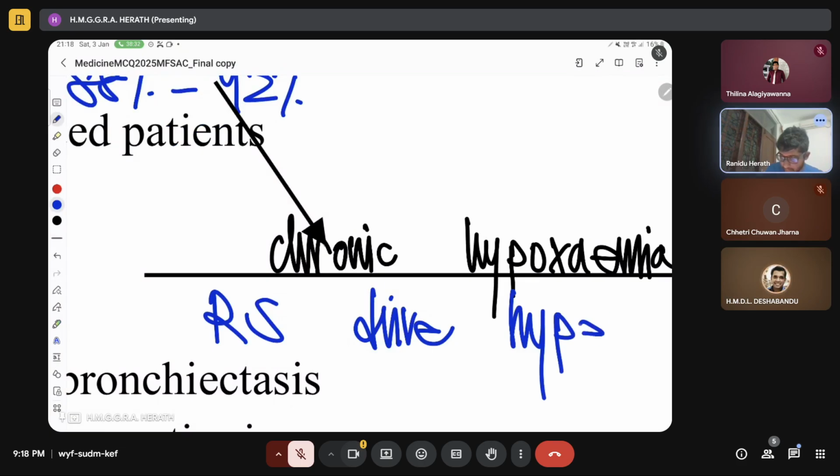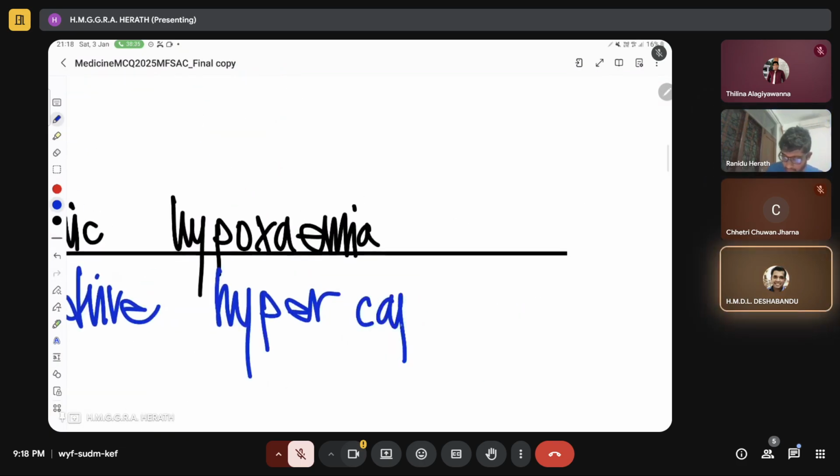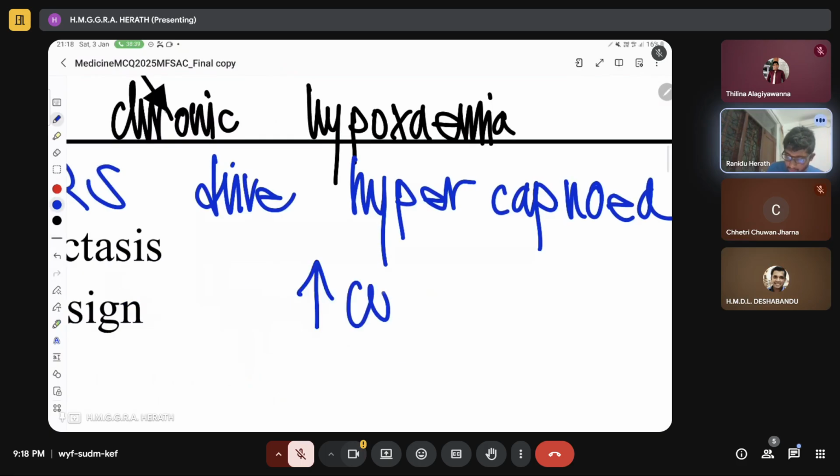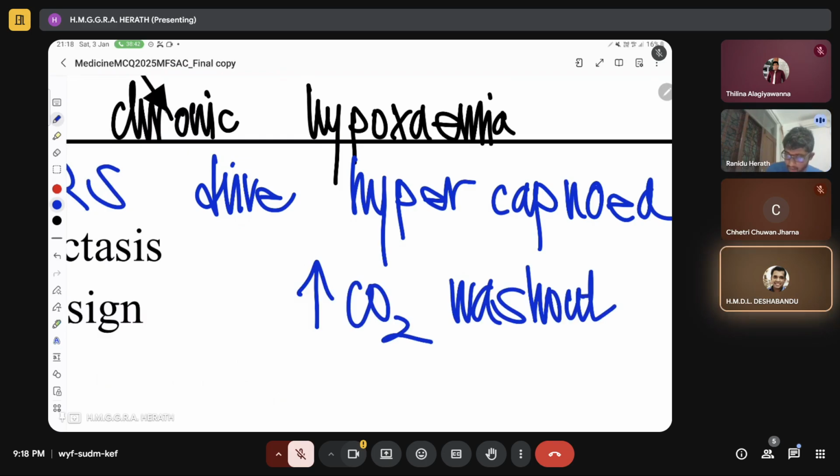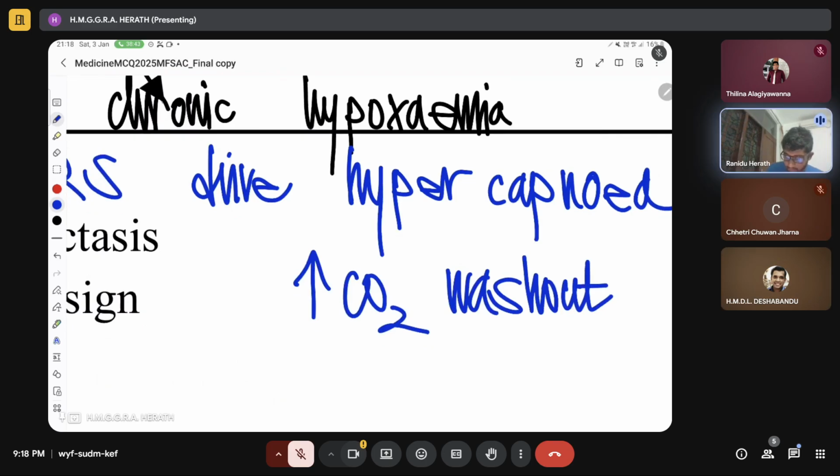hypercapnia. So if we give too much oxygen, there will be carbon dioxide washout, and because of the carbon dioxide washout, they will have what?